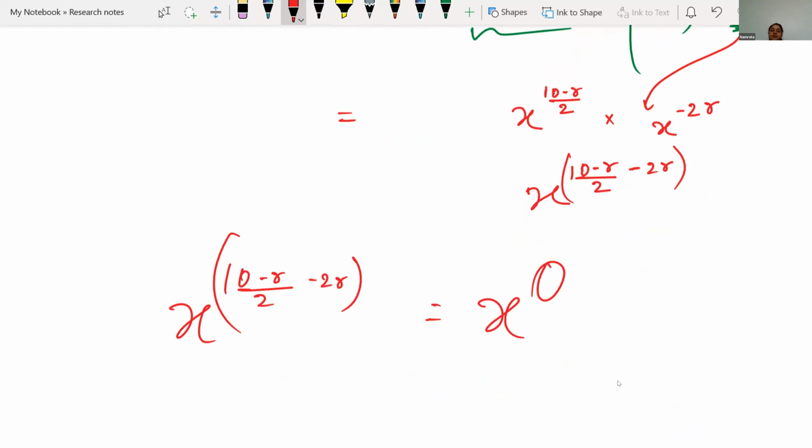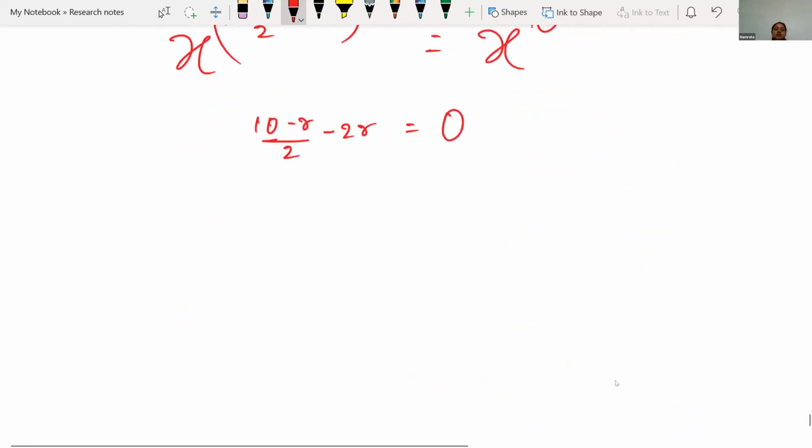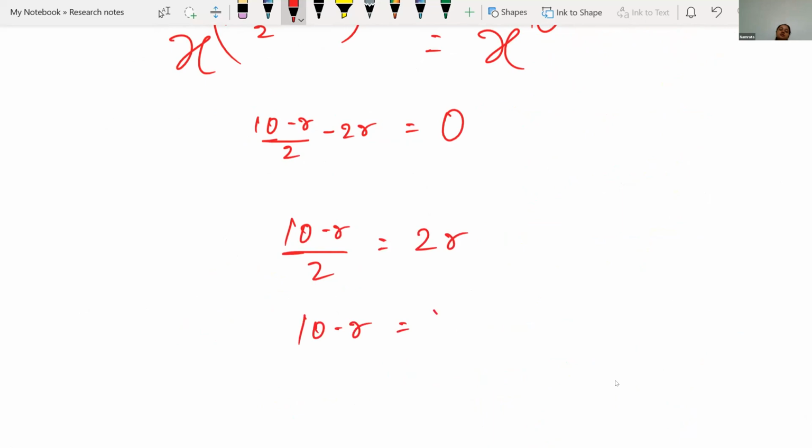Right? Yes, ma'am. That means (10 minus r) by 2 minus 2r is equal to 0. Let's solve it. (10 minus r) by 2 is equal to 2r. 10 minus r is equal to 4r. That means 5r is equal to 10. The r value we got is 10 by 5, that means 2.